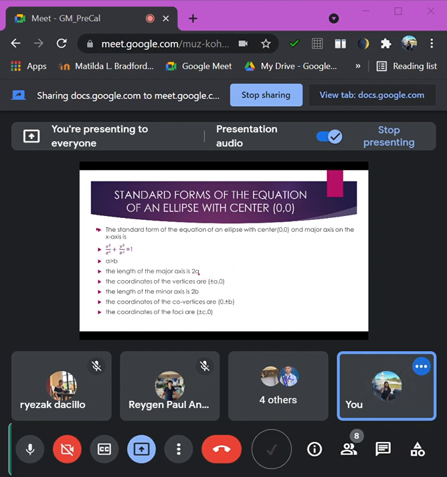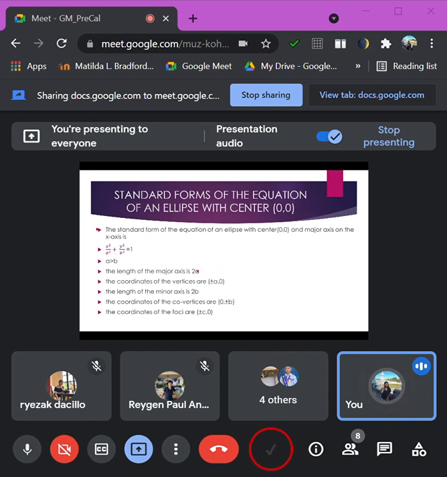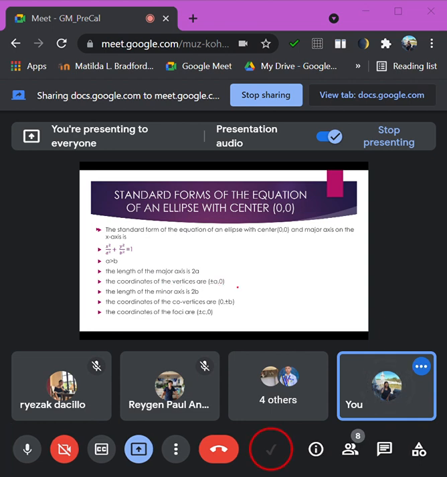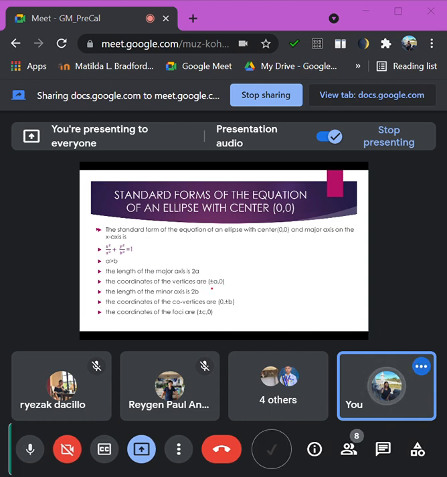Whatever the value of your A, you multiply it by 2 to get your major axis. Now, next is the coordinates of the vertices are positive, negative A, and then 0.